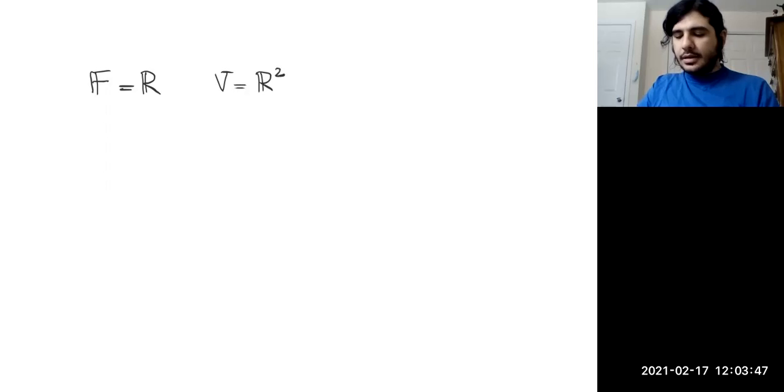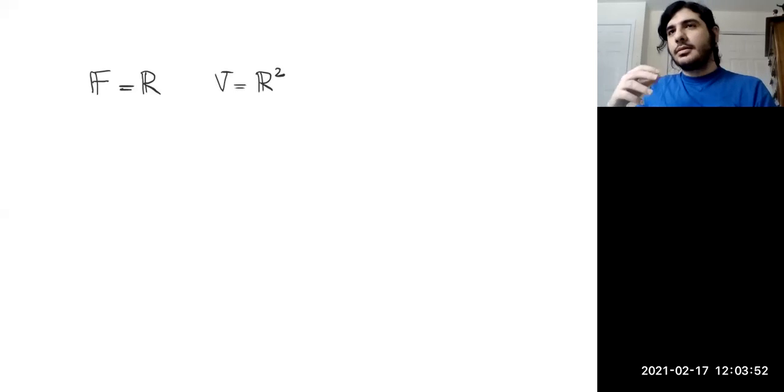Let's slightly think about, well, let's raise the dimension. Let's say the field F here again is R, but the vector space V again is R2, but again not the usual R2 as we know it.